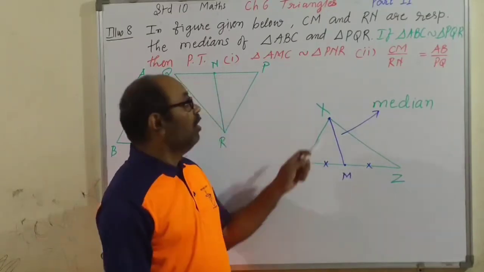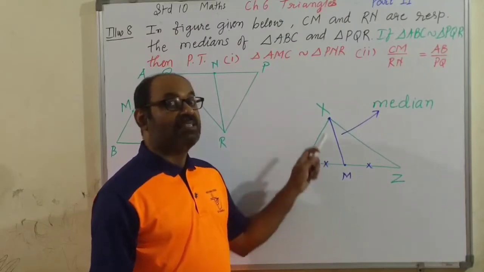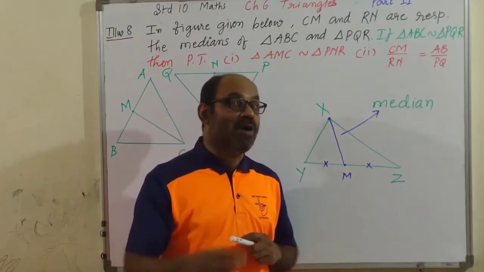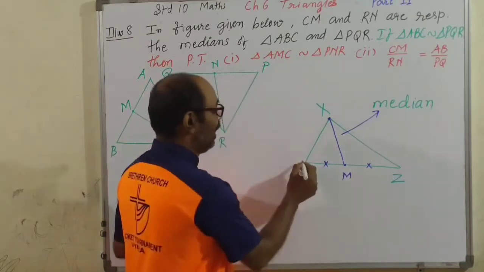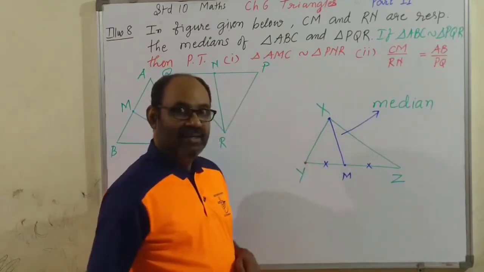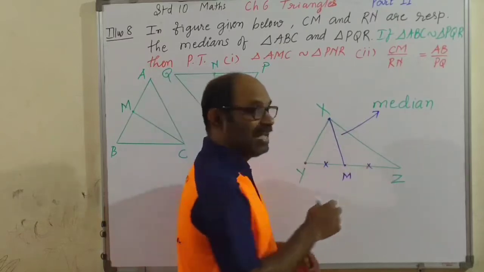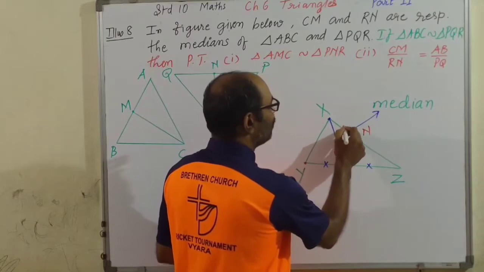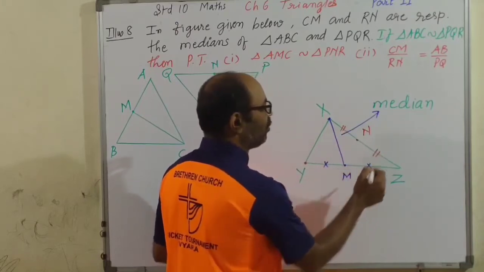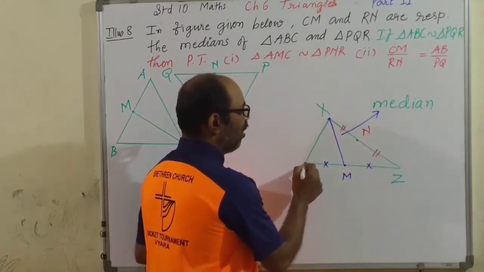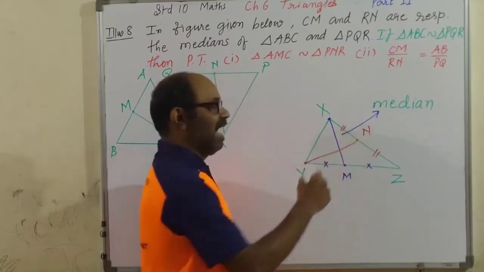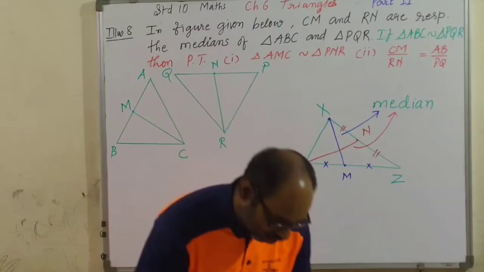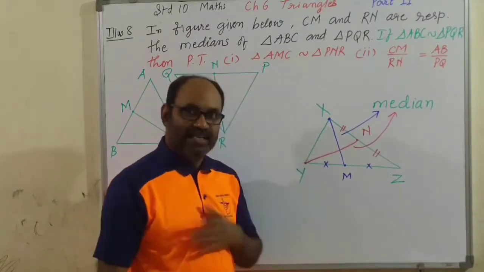Now, median XM is drawn from vertex X. We know there are two more vertices. If you consider Y, then the side opposite to that is XZ. Choose its midpoint, let's say N. So NX is equal to NZ. Now, if you join Y with N, the red segment is also called median of triangle XYZ.